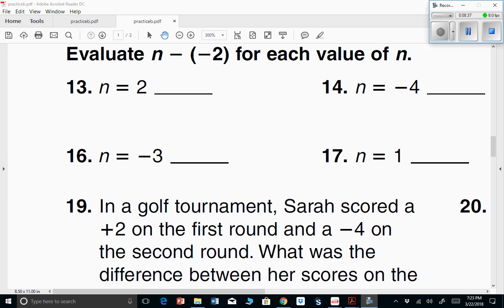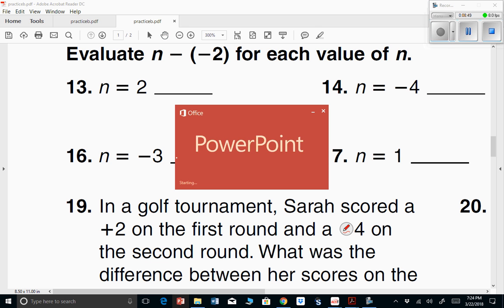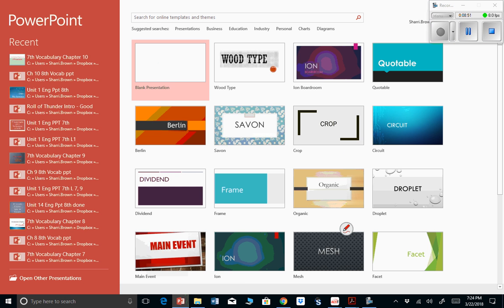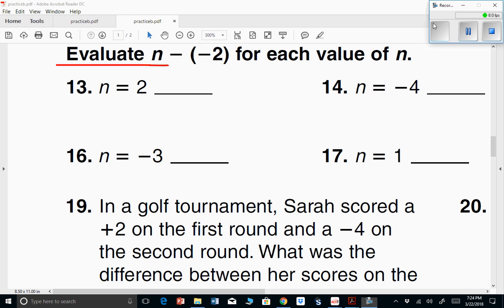Okay, earlier in the year, we did a lot of problems like this that didn't involve negatives. So I'm hoping that you remember the basic idea, even though we're adding in using negatives. So it says to evaluate. All right, let's try that again. It says to evaluate n minus -2 for each value of n.